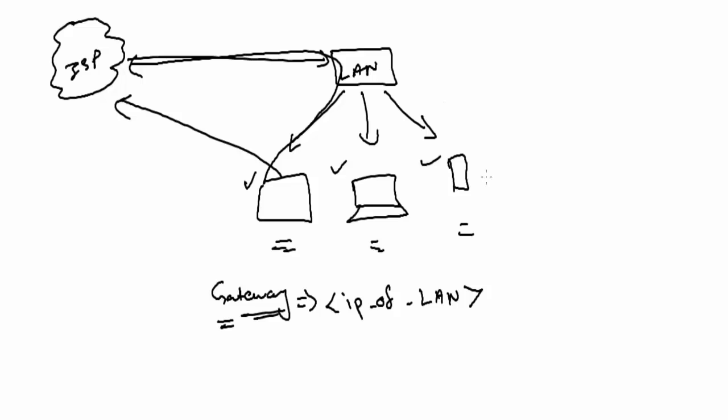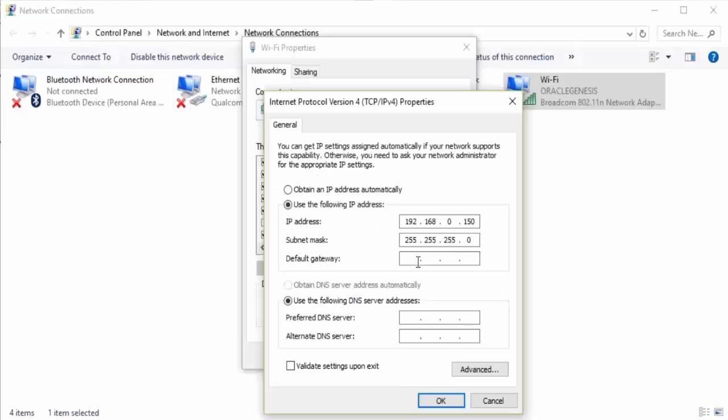At home, when you connect through your mobile, definitely your LAN would be the gateway IP. When you connect through your laptop, your LAN would be the gateway IP. When you connect through your tablet, the LAN would be the gateway IP, because all the devices talk to the internet service provider through the LAN. In this configuration, what would be my default gateway? It will be my router IP.